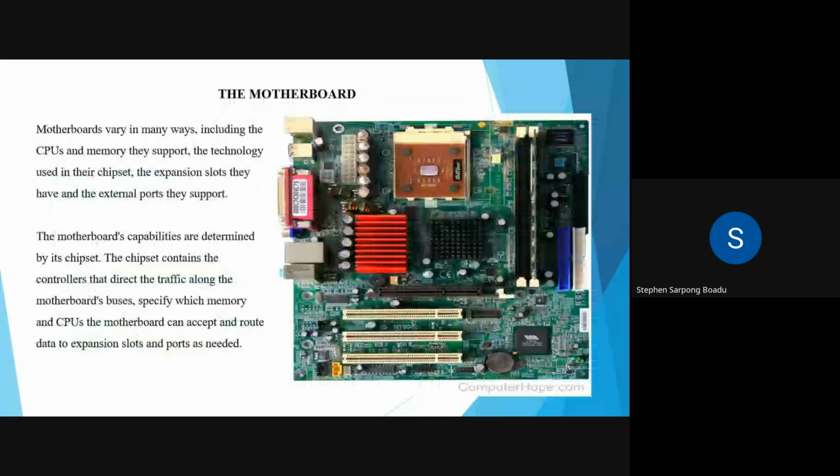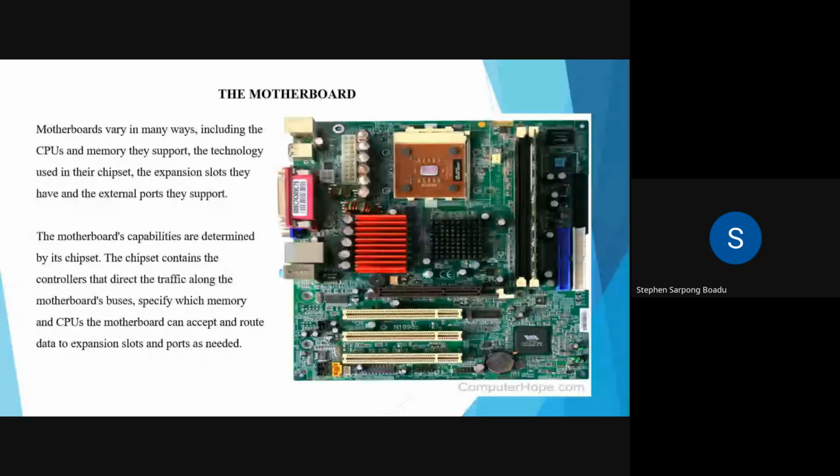We move on to the motherboard. So the motherboard is the main circuit board in the computer. The motherboards vary in many ways, including the CPUs and memory they support, the technology used in their chipsets, the expansion slots they have, and the external ports they support. Right.